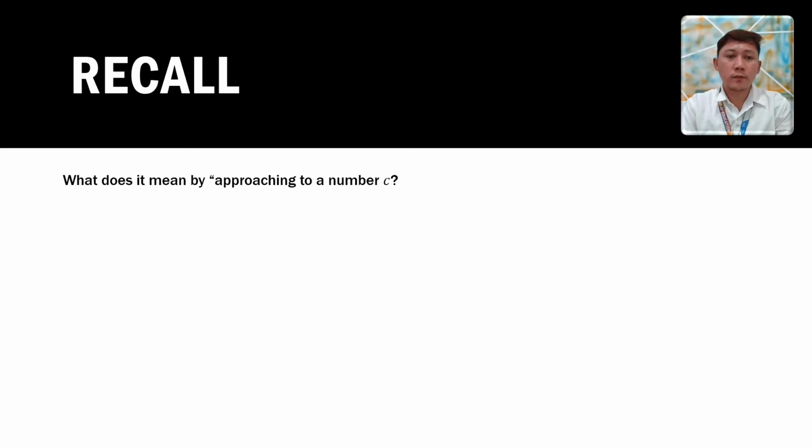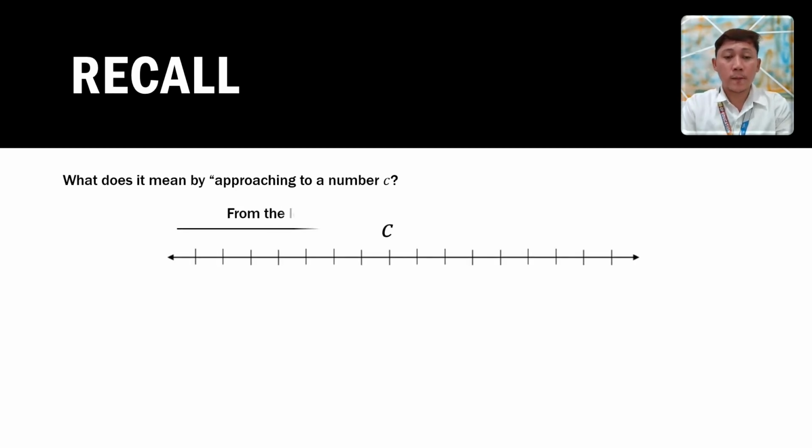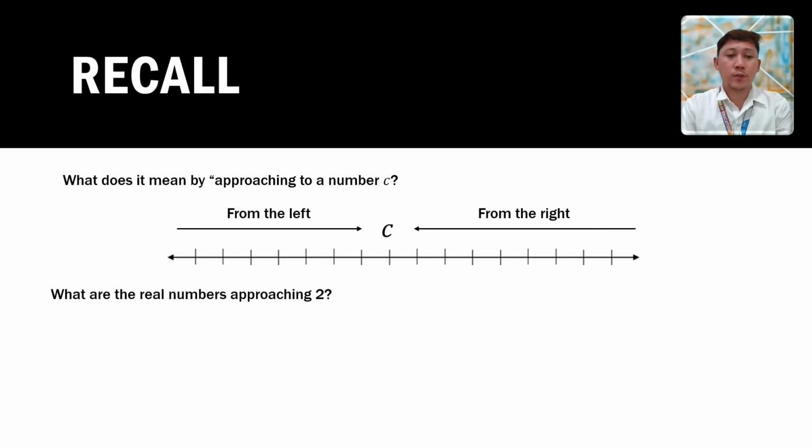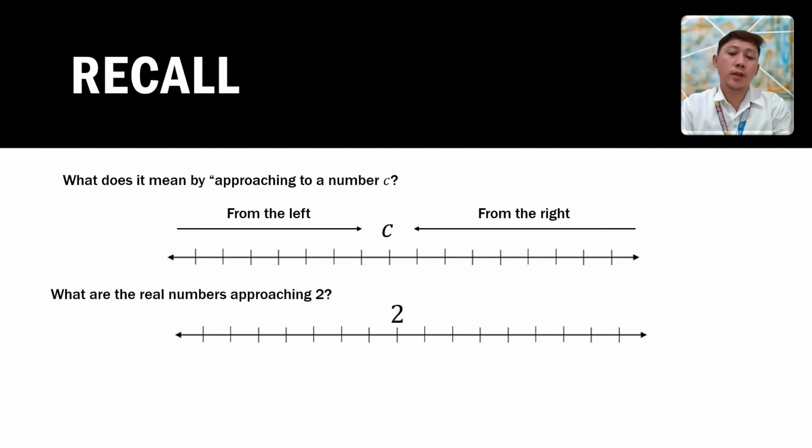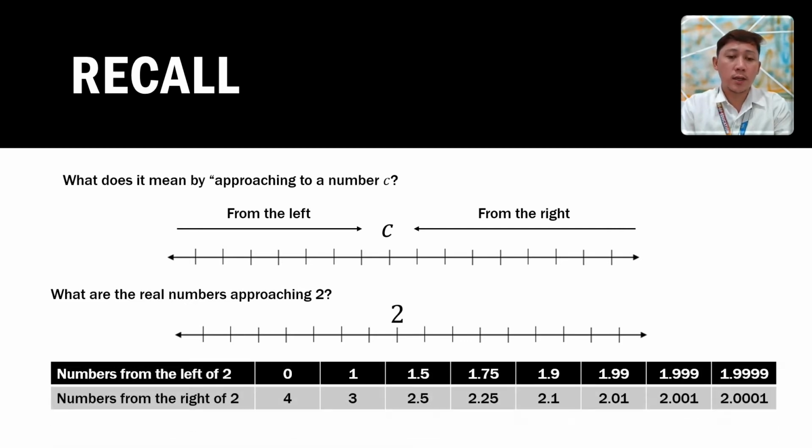So let's have a recall first of what it means to approach a number c. We have a number line and c on it. Approaching number c can be from the left or from the right. So what are the real numbers approaching 2?